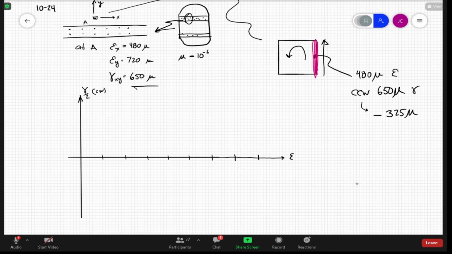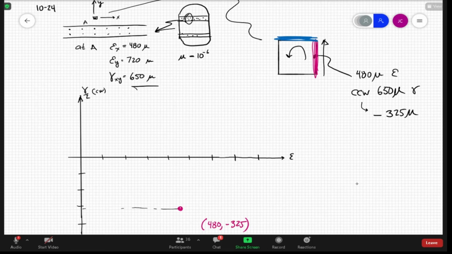And then we go down 325: minus 100, minus 200, minus 300. So that puts me about here. That's one point, on that face. That is 480, minus 325, correct?